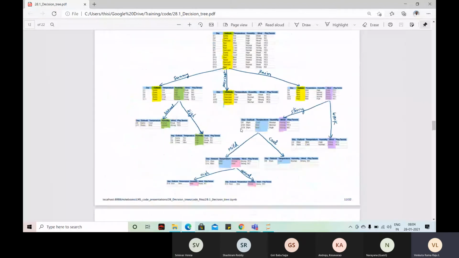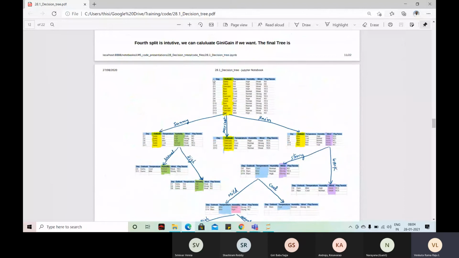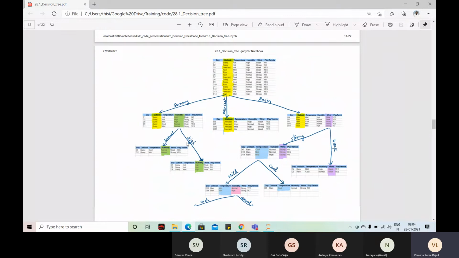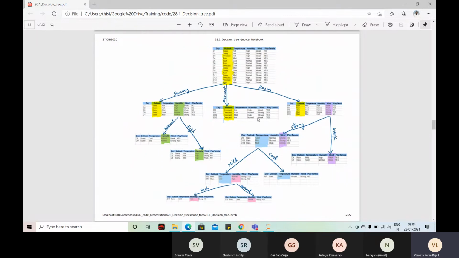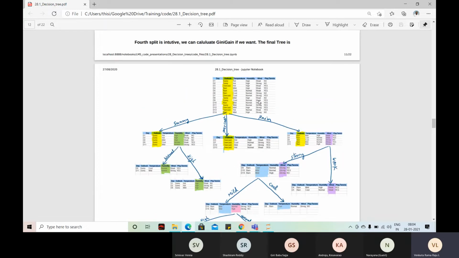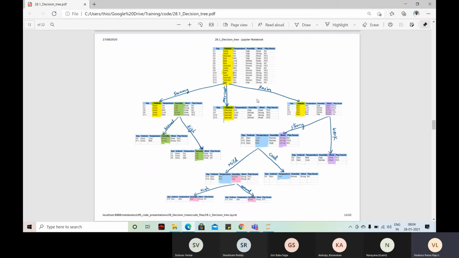If you ask me which is the best feature out of all these features, I'll say Outlook is the best feature, because it clearly makes a split. Then humidity is the next best, because it is clearly making a split. Then the best feature is wind, then temperature, like that. By building a decision tree, you can find out the best features.